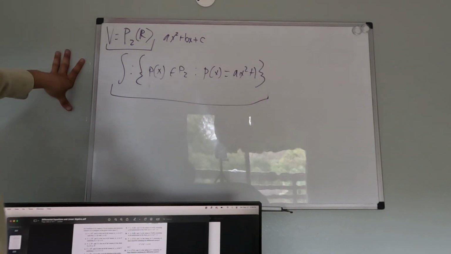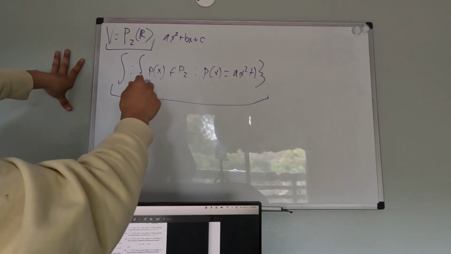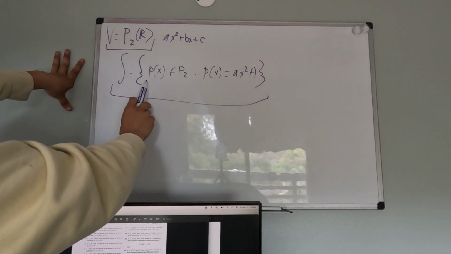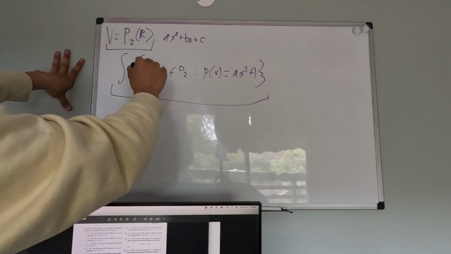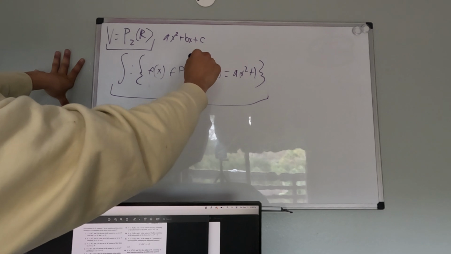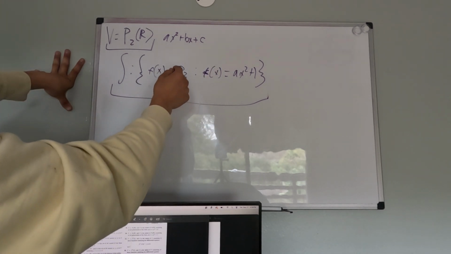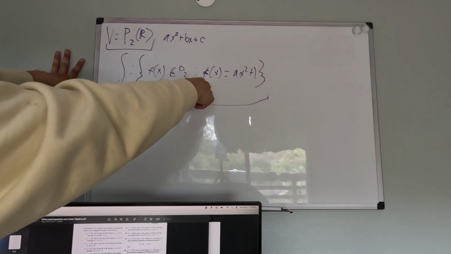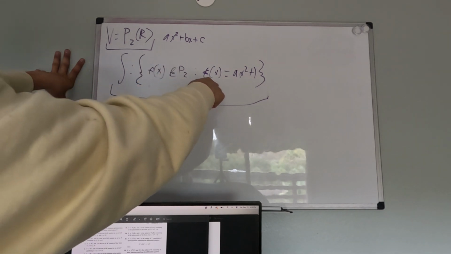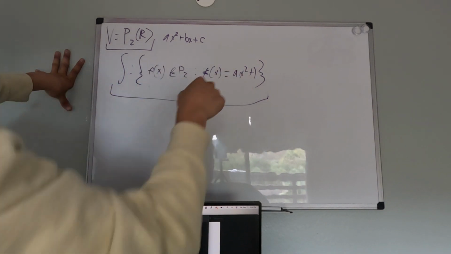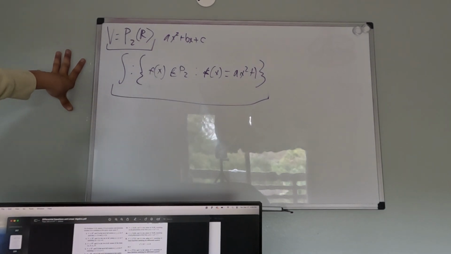What does this mean? This is all functions f of x that belong to P2 such that f of x equals ax plus 1 or ax squared plus 1.